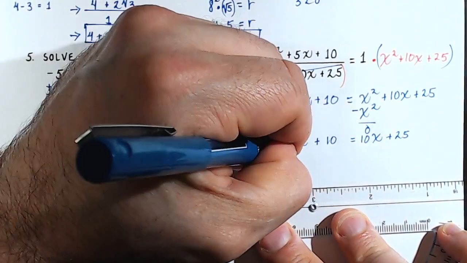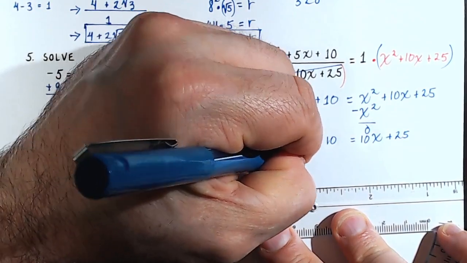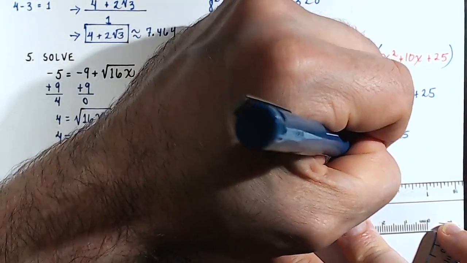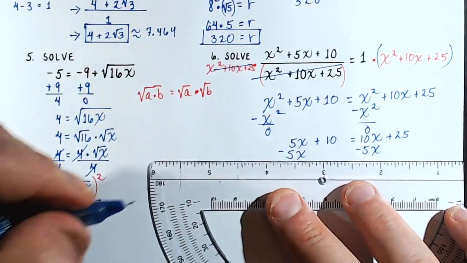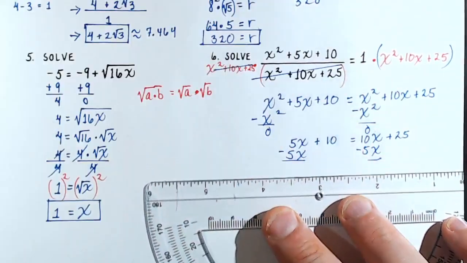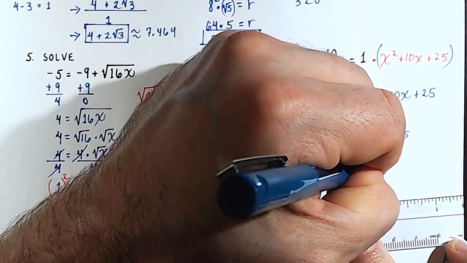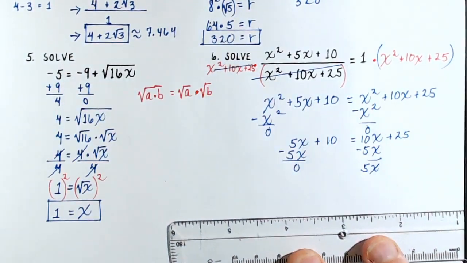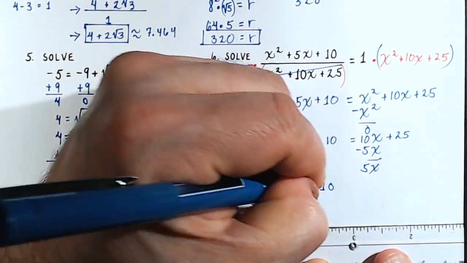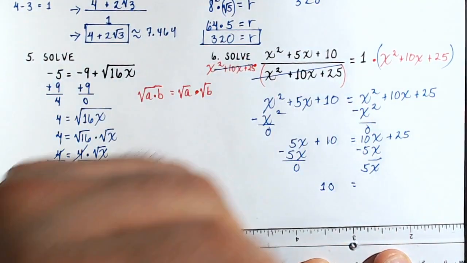Again, I can subtract 5x from both sides. And here I've got 0, and here I've got 5x. So now I have 10 equals 5x plus 25.